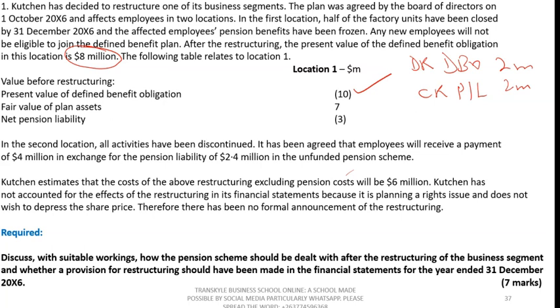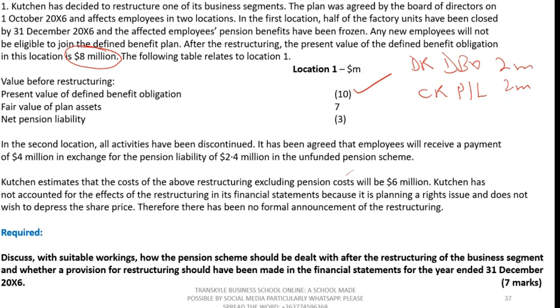So we are reducing the defined benefit obligation, and at the same time enjoying a gain. If you can just replay the video on curtailment, we say that when there is no settlement, then you have to debit the defined benefit obligation and credit gain on curtailment.